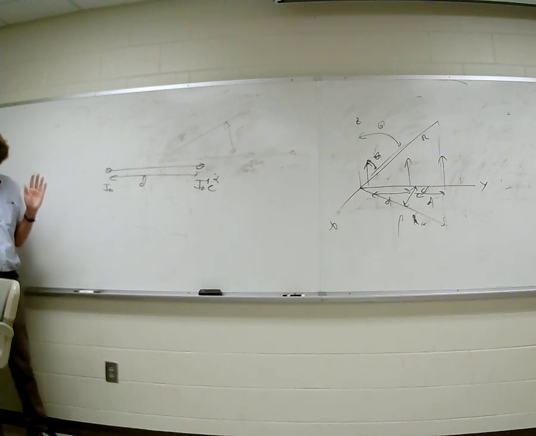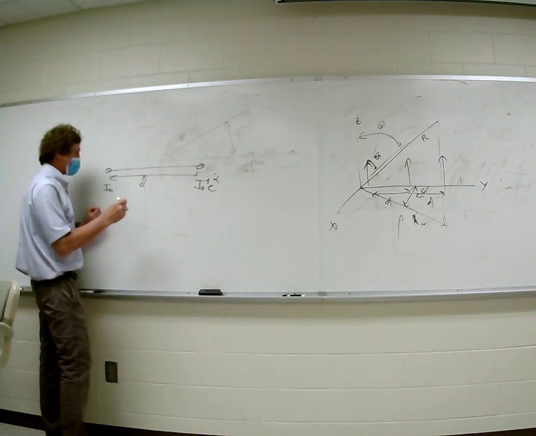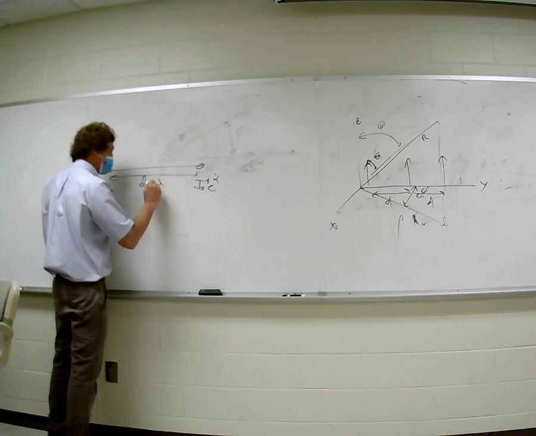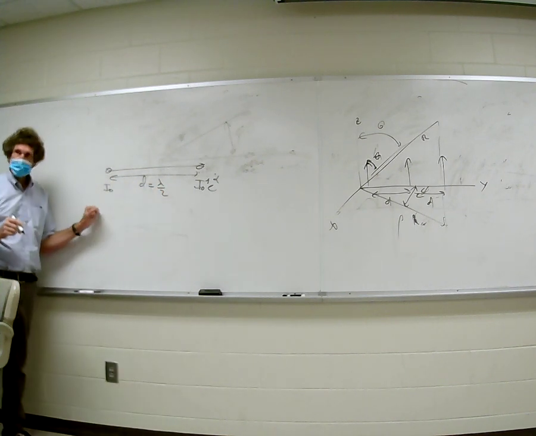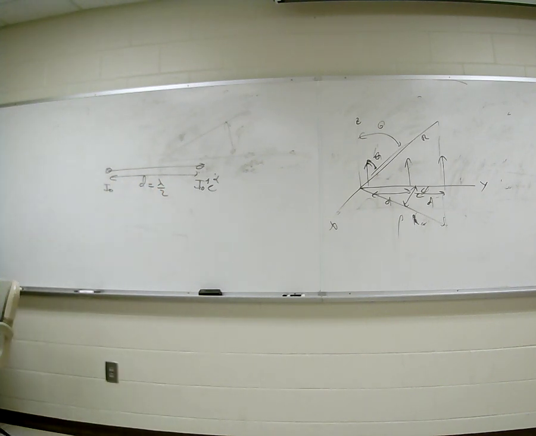And for the sake of argument, I'm going to make d equal to lambda over 2. That's a half-wave spacing. This is, by the way, an extreme, because any more than that, and you can't tell where the main beam is directed, and I'll explain that in a bit.